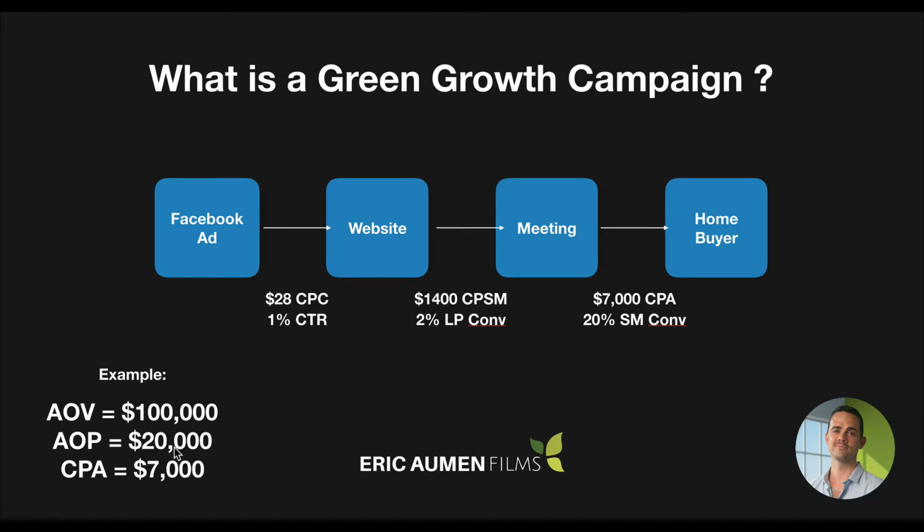Then we want to aim for somewhere between 25 and 50% of that average order profit for our cost per acquisition. And this is the max amount that you're comfortable spending to acquire a new client. So what that means is if we can get clients for $7,000 or under, then we can scale that up and you'll be profitable based on those margins.